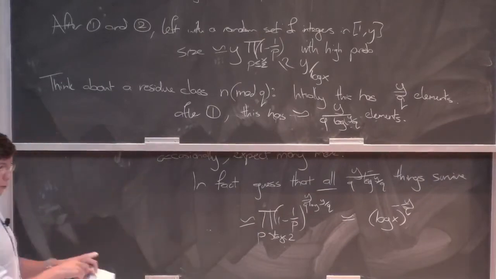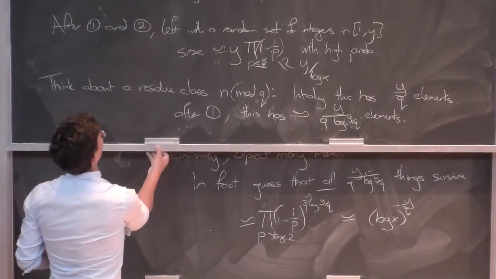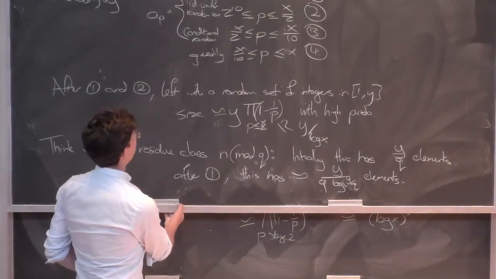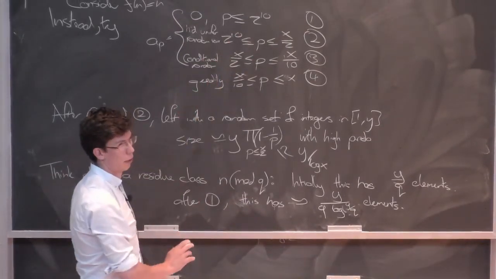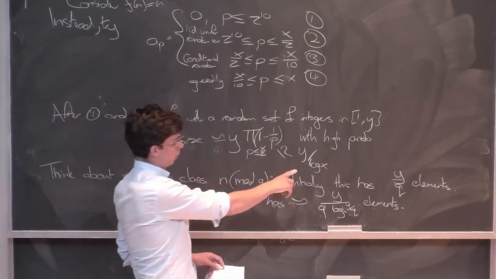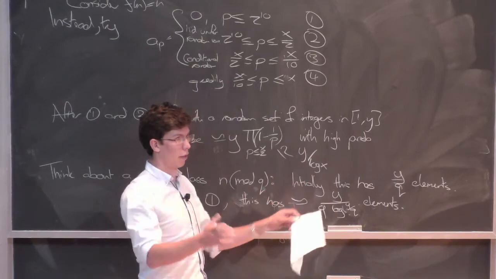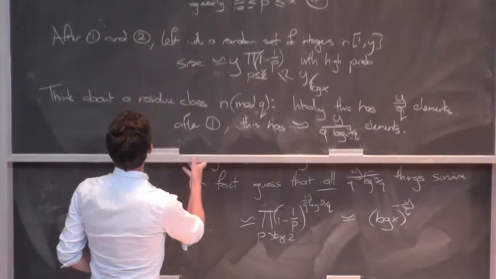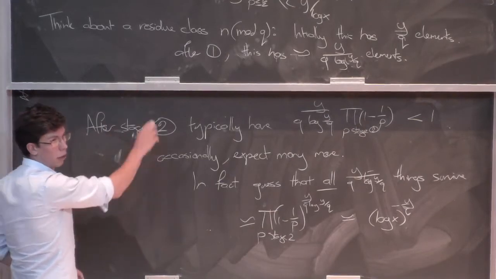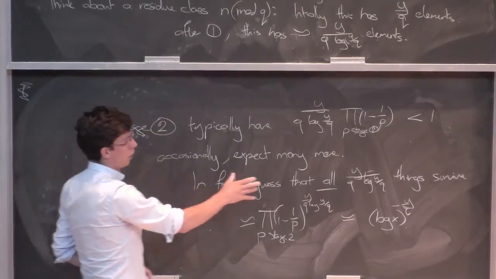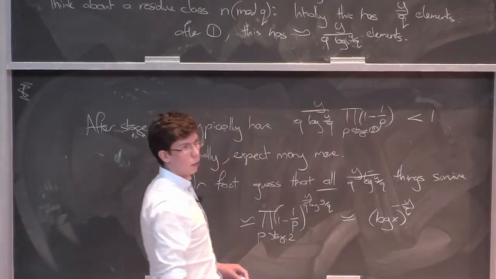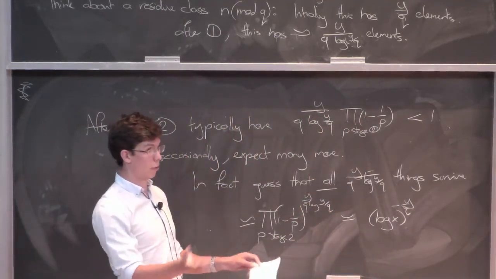No, so there's two separate things going on here. I take my full set 1 up to y, I then sieve deterministically in stage 1, and I sieve randomly in stage 2, and almost surely I'm left with something of size y over x as the survivors. Then this aside was thinking about one individual residue class. And it was saying that typically you'd have the number of things in the residue class divided by log of x, which is less than 1, and that's useless.